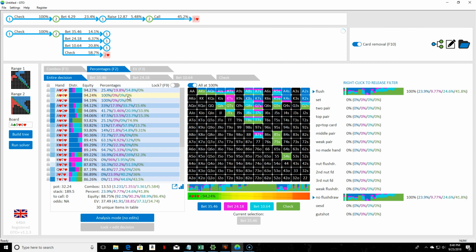Ace 2 we are overbetting, but ace 5, I'm not really sure either why we'd be underbetting this more. I think that's interesting. Underbetting ace 5 more.